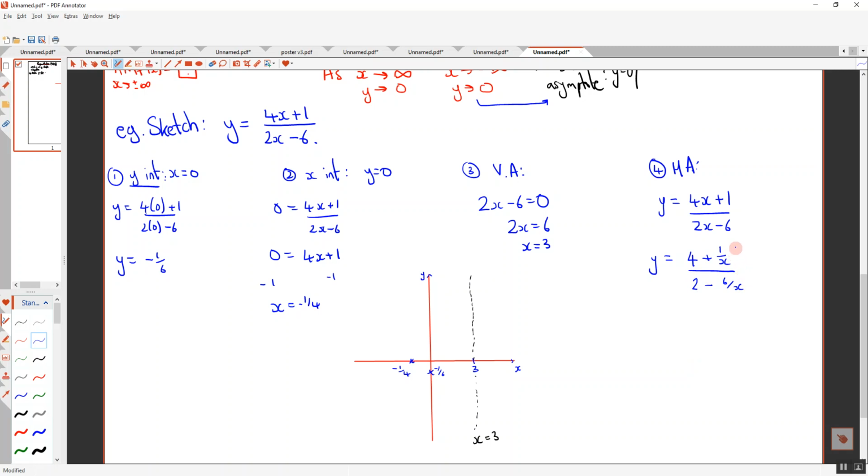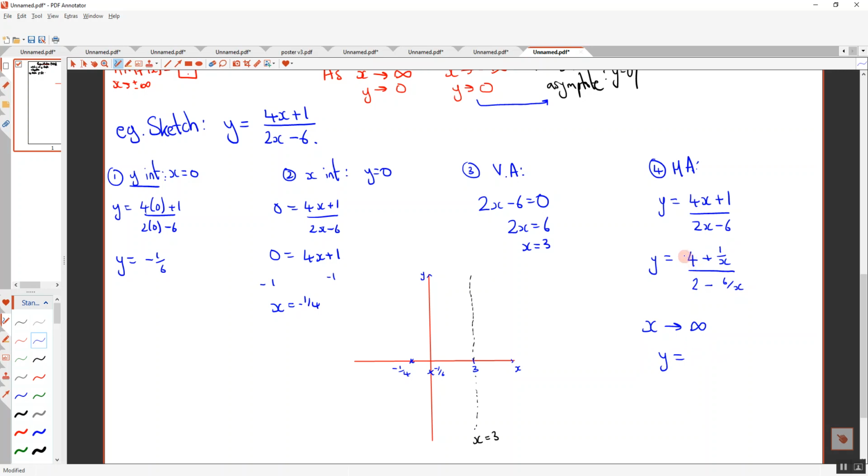Now, in order to figure out what's happening at the horizontal asymptote, we want to see what is happening to our function when x gets really large, okay? So we're going to look at when x goes towards a massive, massive number.